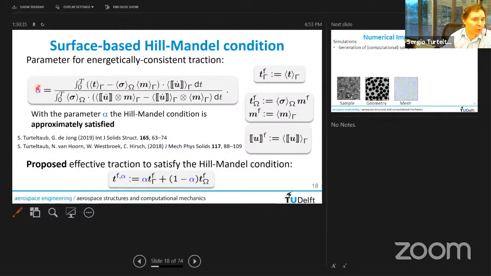And this particular alpha is the one that minimizes the difference between the energy dissipated computed in the macroscopic way and the energy dissipated computed in the microscopic way. So in this particular context, there is one way to compute the alpha, which is the formula indicated there on the screen.